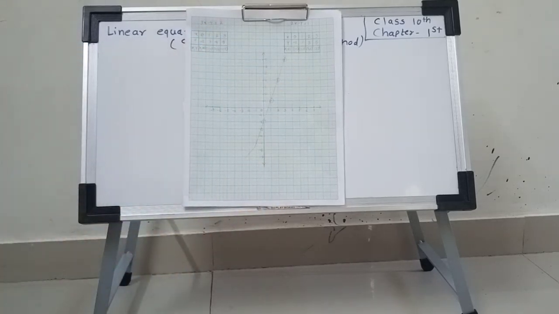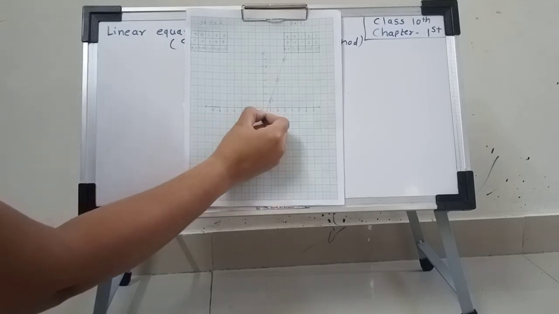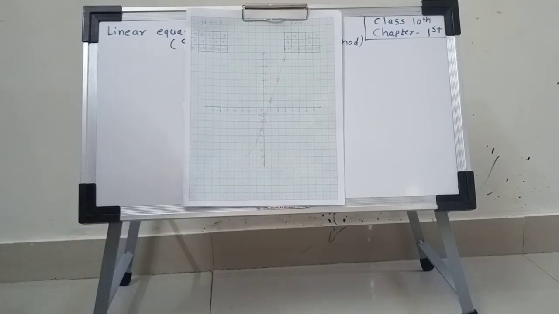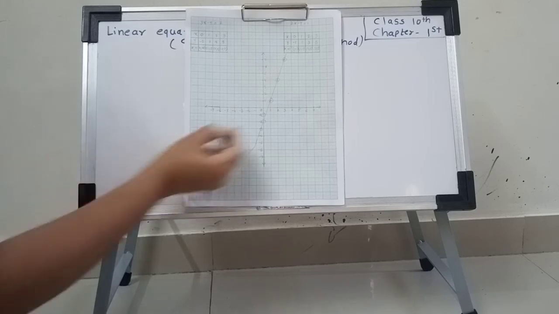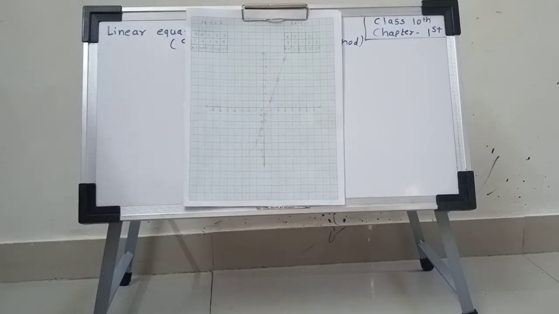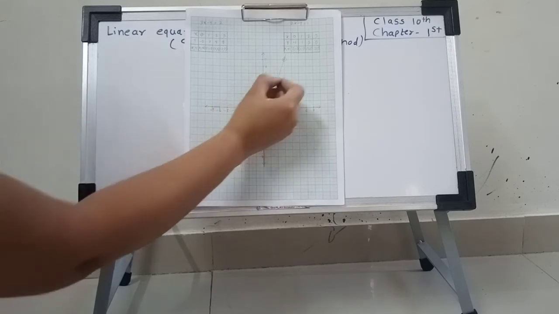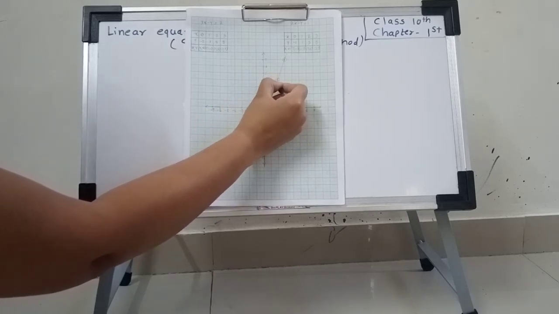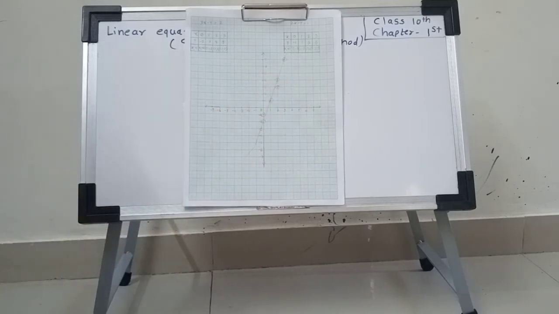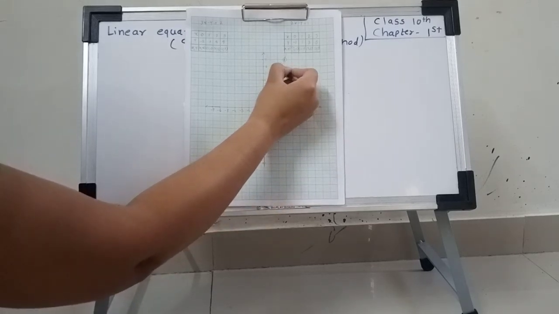Now draw the second equation. x is 0 and y is minus 1. x is 1, y is 1, this point. x is 2, y is 3, means this point. x is 3, y is 5, means this point.